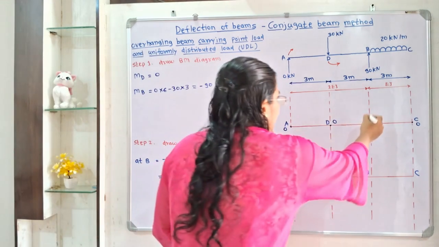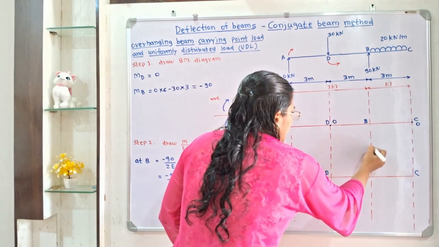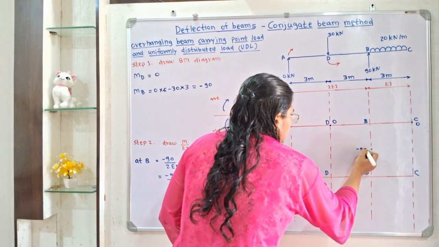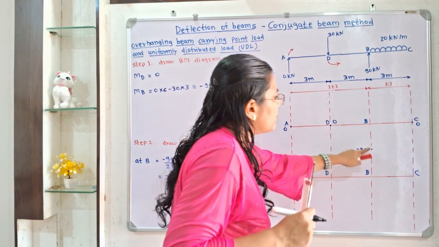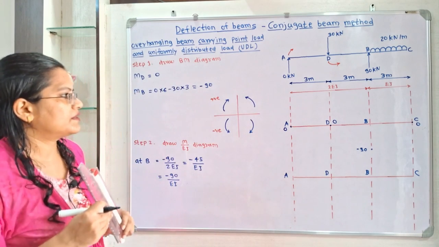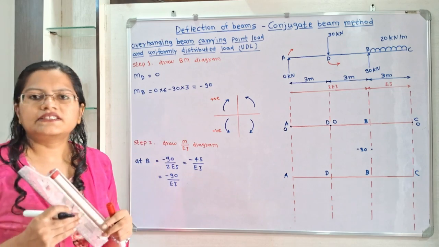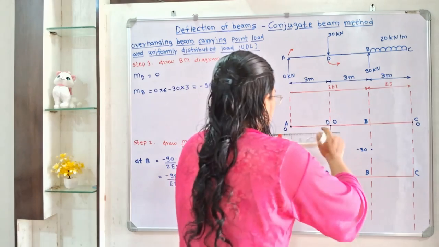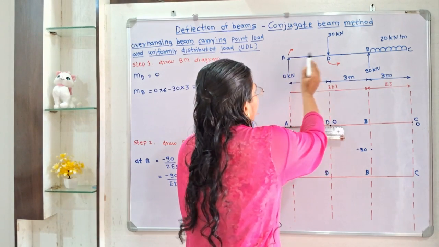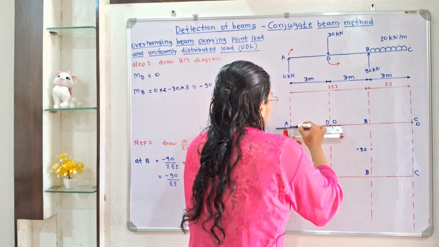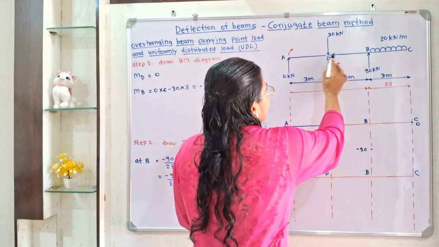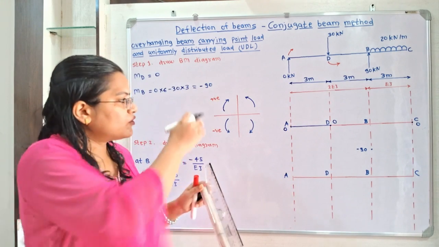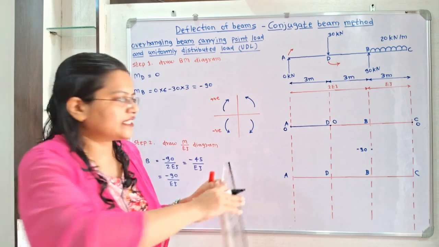So here is the extension of B. So I will mark here minus 90. Because of minus sign we have to show the downward direction. Now at point C it is 0. Now we will connect all these points. So from 0 to 0, in between part A to D we have to draw this line. Then from D to B, here is the point load, and because of the point load we have to connect with straight line.